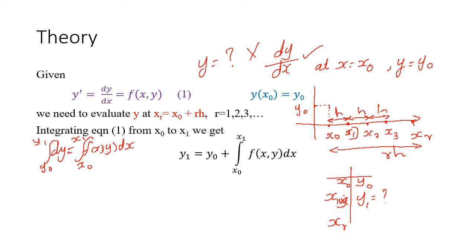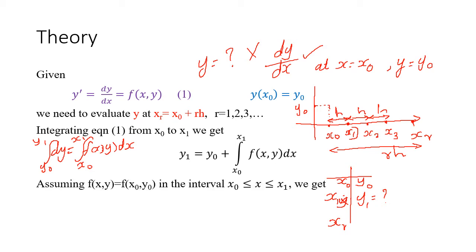Now the problem is this: we know that in the interval from x0 to x1, f of x, y changes with respect to x as well as with respect to y, but we don't know how.